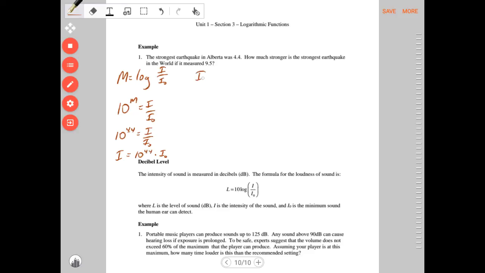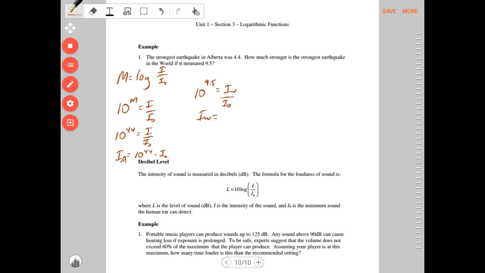Now, here's the thing though. The intensity of the world earthquake, let's set that up properly. 10 to the magnitude, so 10 to the 9.5 is equal to that earthquake's intensity over I0. If I want to compare the two, let's call the intensity of the world one IW, and IA for the Alberta one.